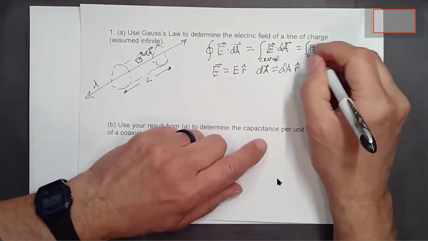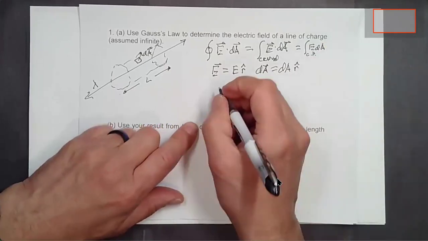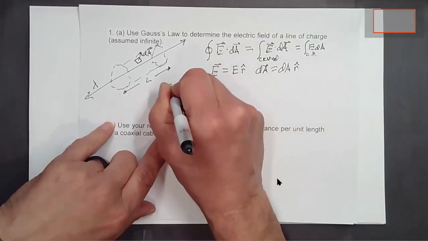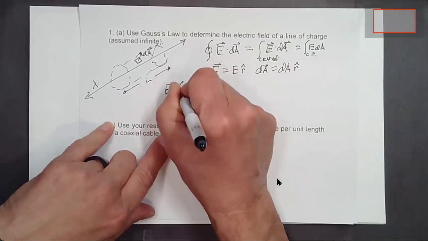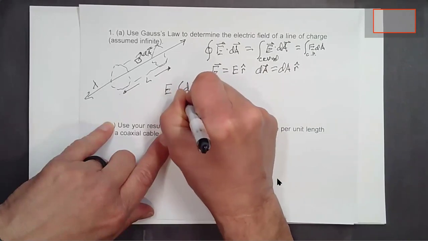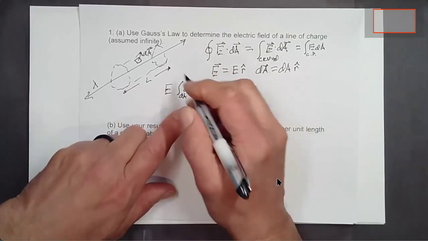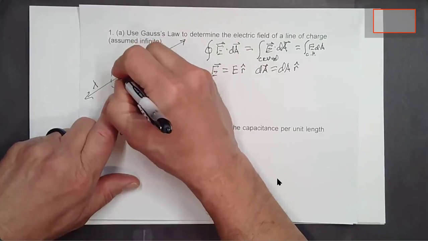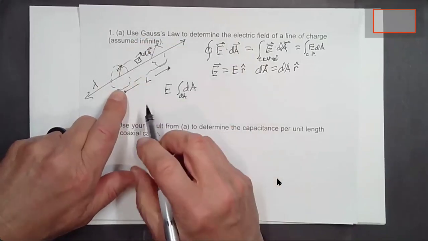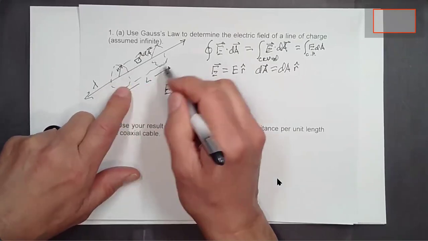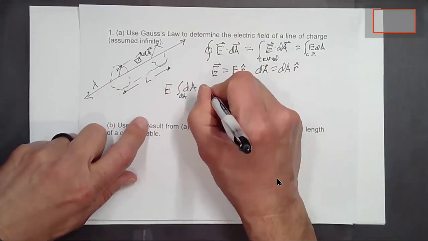And I can pull the electric field outside of the integral, and I'm going to bring it over here. E times the integral over the curved part of dA. Well, let's see. I'm going to be some distance r away from it while I'm doing this. And so 2 pi r times L is what the integral of dA is going to be.